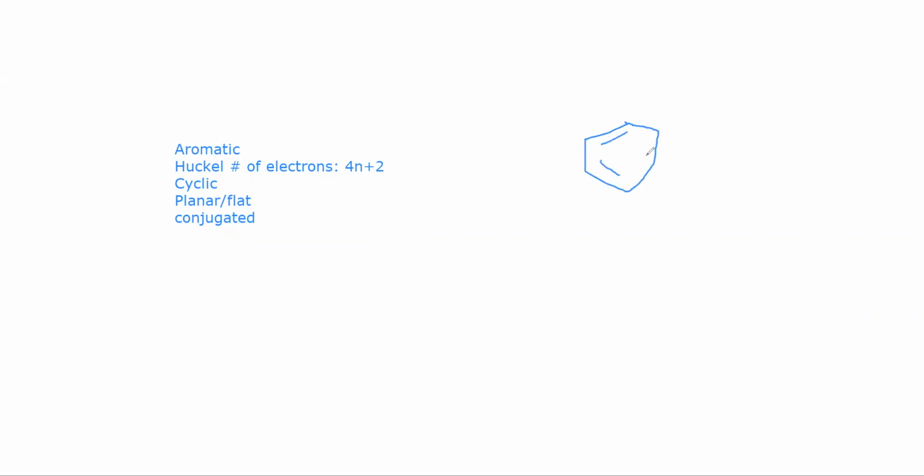So this is benzene. There's two electrons in each pi bond, and there's 3 pi bonds. So there's 6 pi electrons here. It's a cyclic structure. It's conjugated, and conjugated just means that there's alternating single and double bonds.